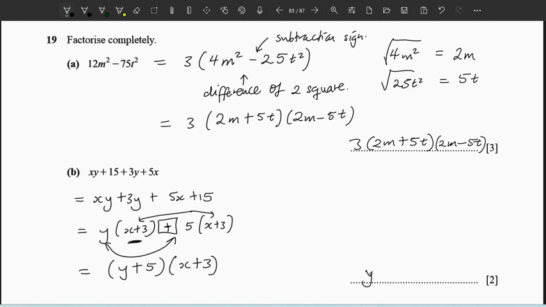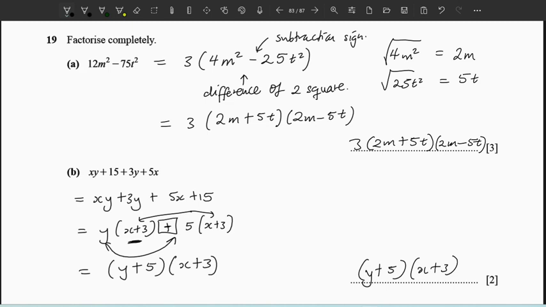So in our case we have y plus 5 here and x plus 3. It doesn't matter whichever orientation or how you want to write it there. You can put it in any way. Start with x plus 3 and then y plus 5 coming after that. So this is what we have.